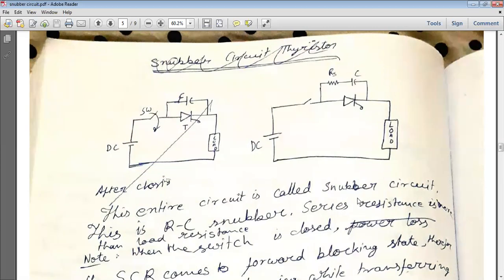When the SCR gets short circuited, it will carry two currents: one is the load current, another is the charging current. So the SCR may get damaged due to overrating. To avoid that problem, a current limiting resistance is connected in series with the capacitor. This combination is called the snubber circuit. Clear? Everybody, what is a snubber circuit?